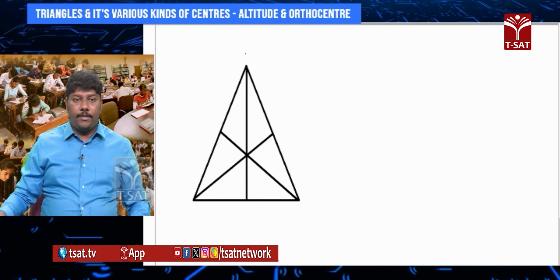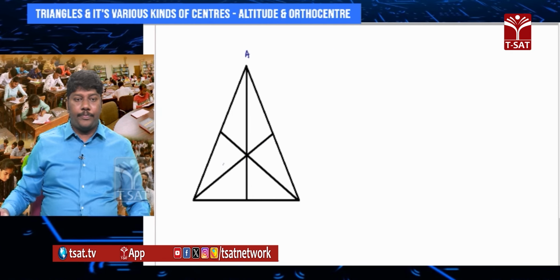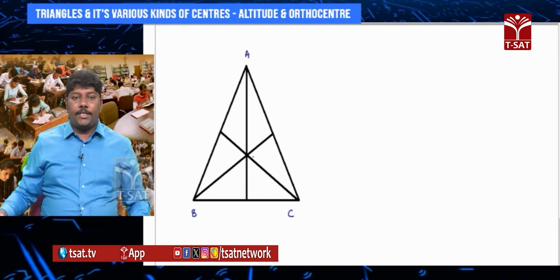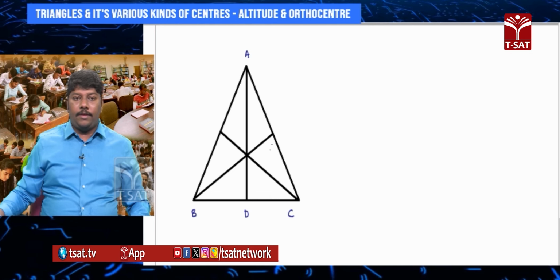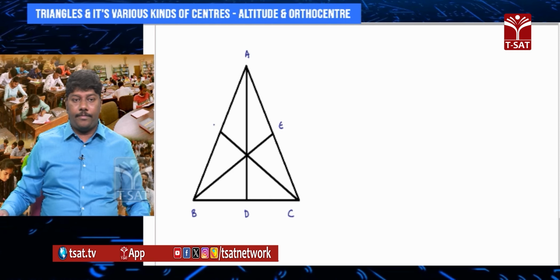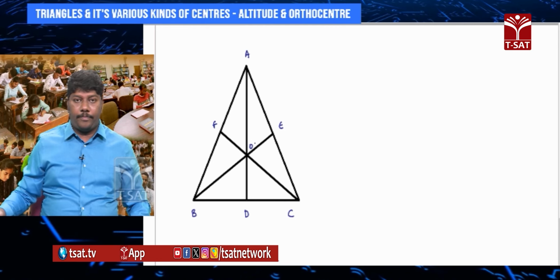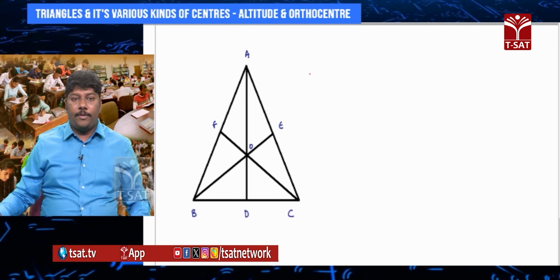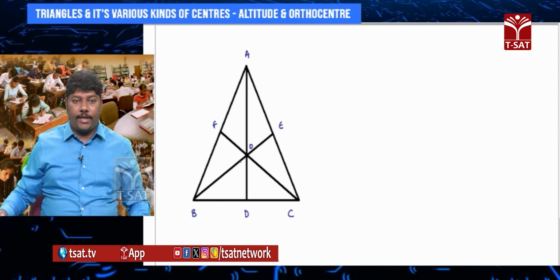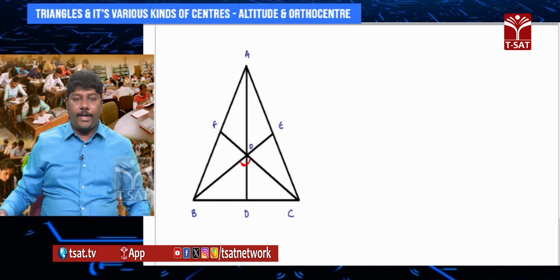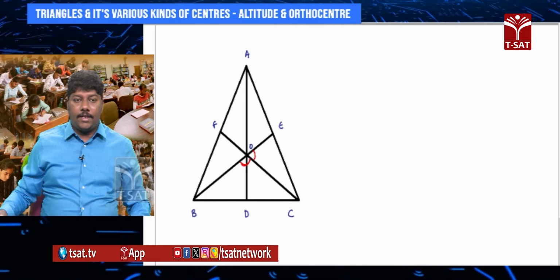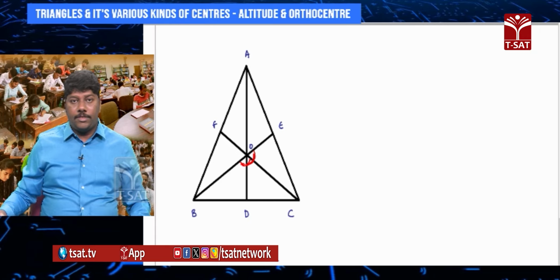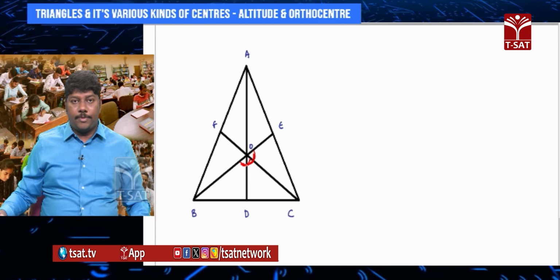Let us take the triangle ABC. Here the intersection point of altitudes AD, BE and CF is O. We know angle BOC is equal to 180 minus A. If it is 180 minus A, this angle and angle BOC form a linear pair. Therefore, since they form a linear pair, the sum of the angles must be 180.